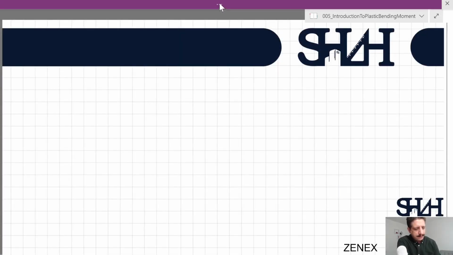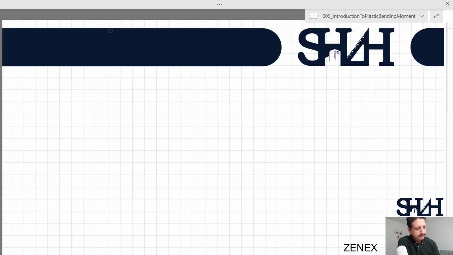Assume we have a rigid element which is supported by a hinge support at point A. And we have 6 rods connected to this element.